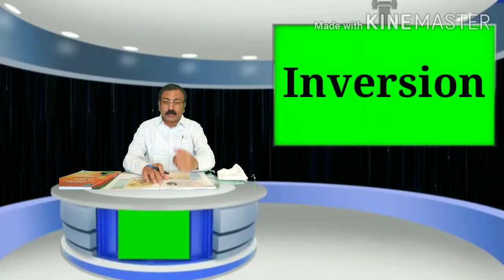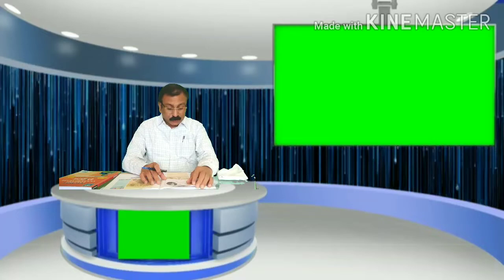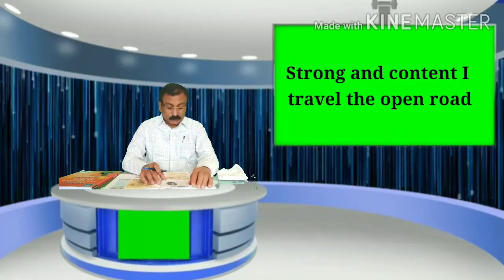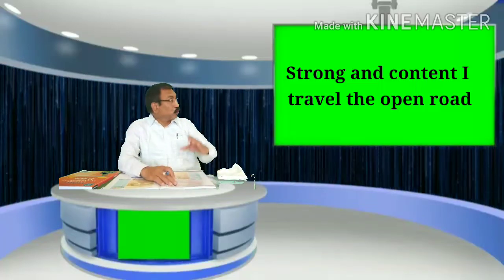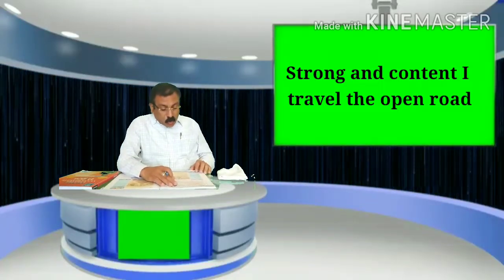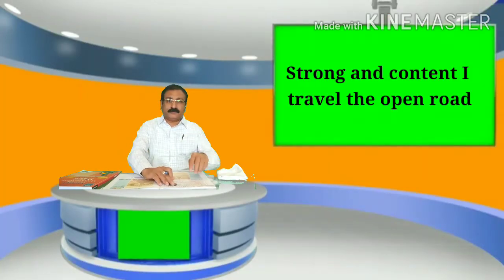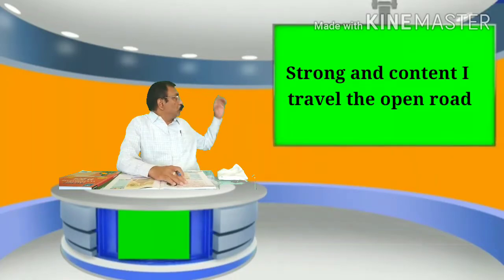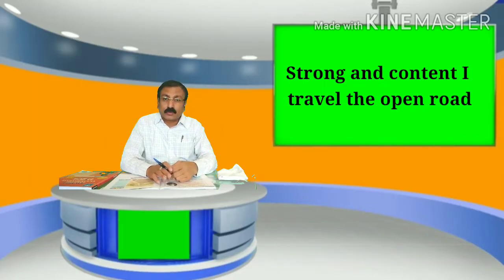Now let us come to the second example from the same poem, Song of the Open Road. If you see the second last line from page 94, I read the line: strong and content I travel the open road. Look at the line of the poem. Strong and content I travel the open road.